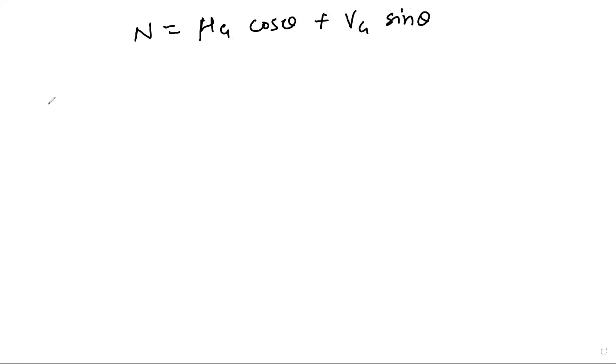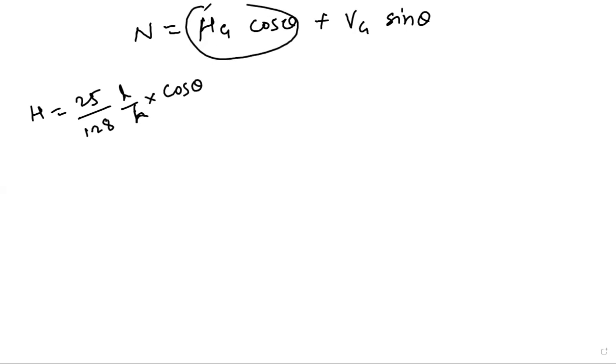Now H value is already known to you, 25 by 128 L by H. So it is multiplied by only cos theta. That is the only change. This is the ILD of H. So the ILD ordinate for this case is 25 by 128 L by H cos theta.